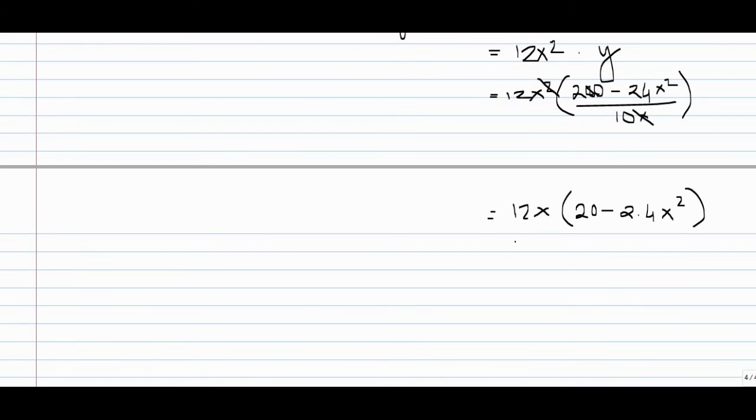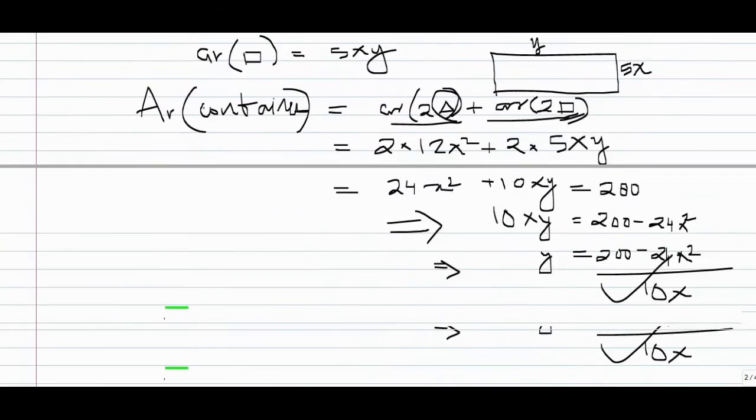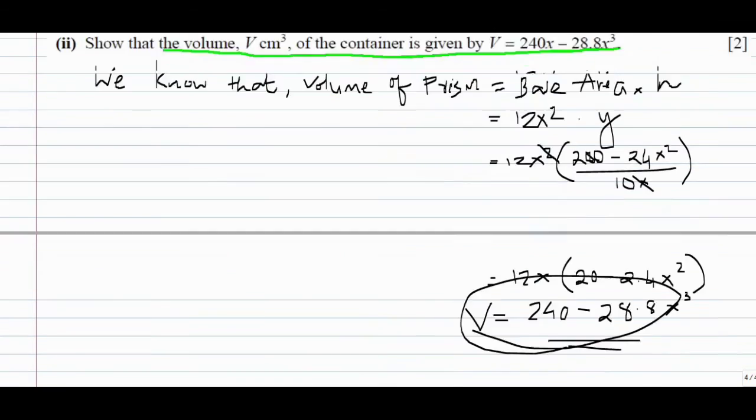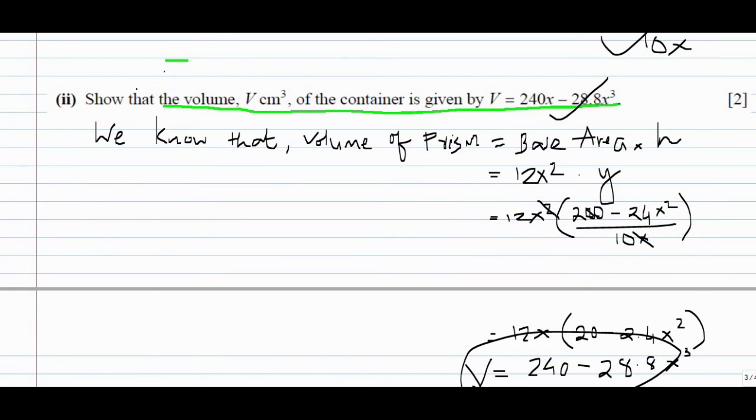That means we can divide both of the terms by 10. So which is equal to 240 minus 28.8, 12 into 24, 12 into 2.4, 28.8x cube as volume. Hence shown.